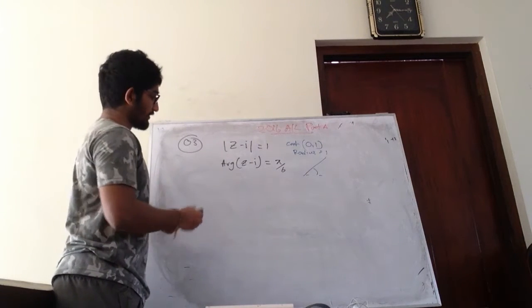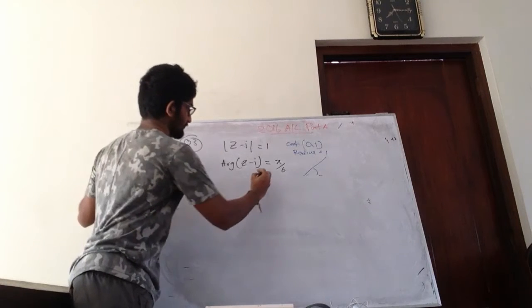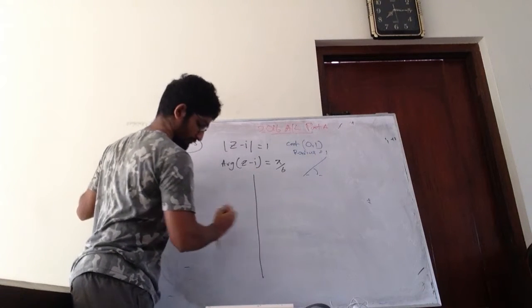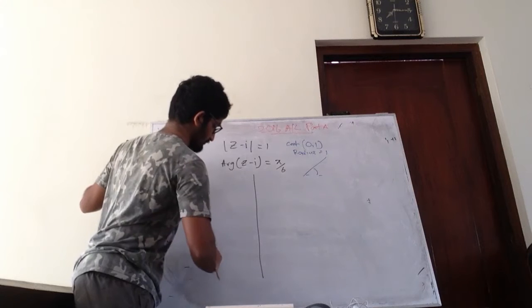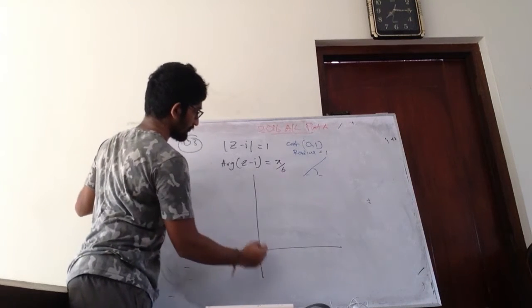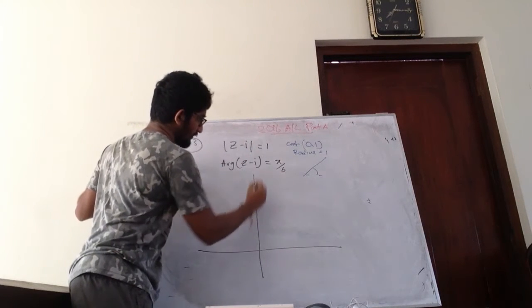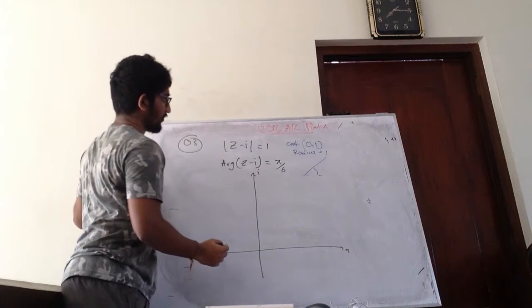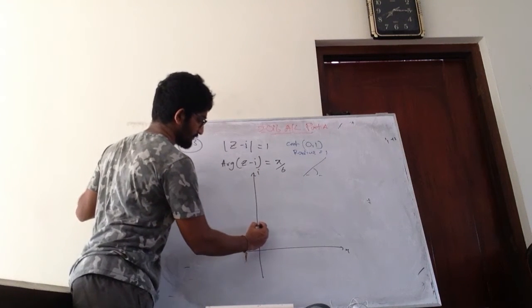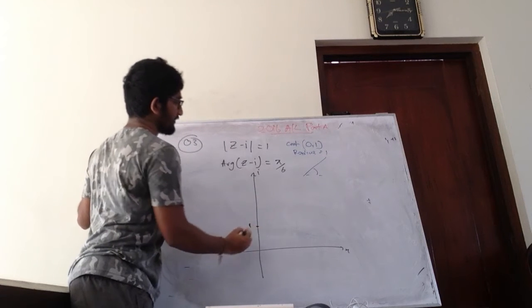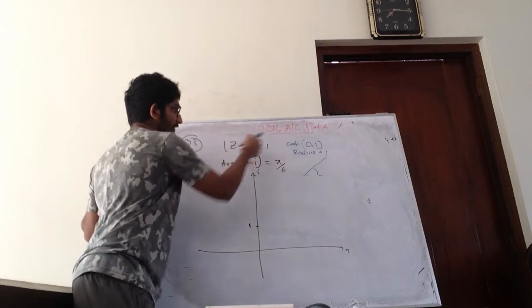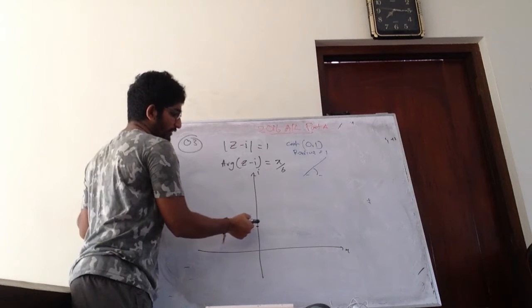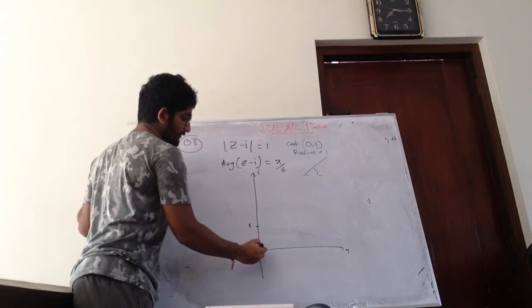So now what does this say? This is the i axis, this is the normal x axis here. So this is 1 here. So the first one is they have a center 0, 1 and the radius of 1.